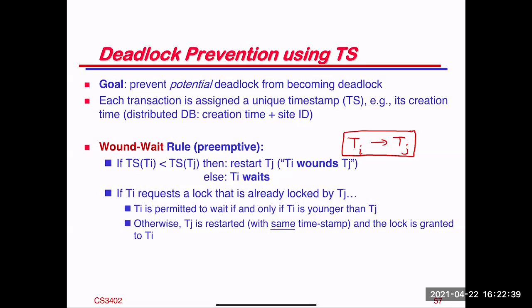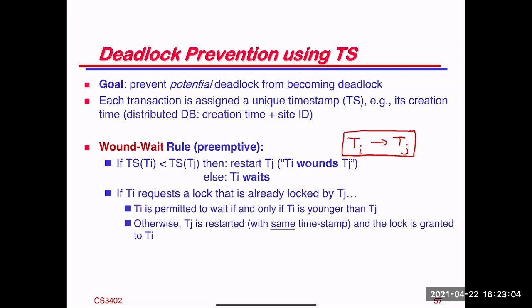So there's a good question. What if both transactions have the same timestamp? Well, we can exclude that. Since we're assuming that operations don't happen exactly at the same time, there's some ordering of these operations in the model that we're assuming here. So it's not possible that two transactions have exactly the same timestamp.